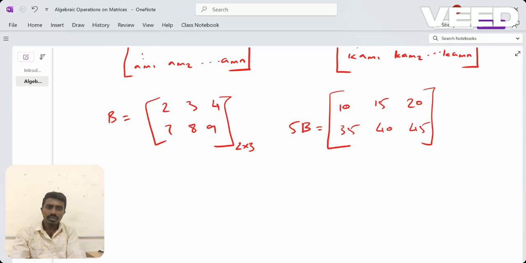Next operation is addition or subtraction of two matrices. Addition and subtraction are component wise.